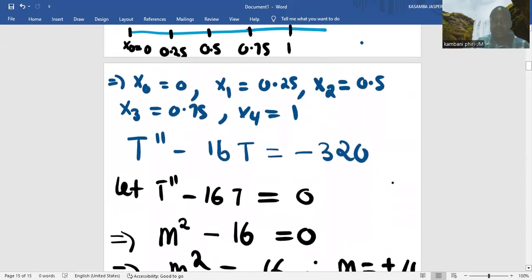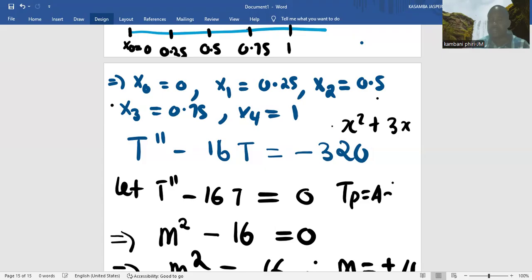You look at what is on our right-hand side here. It is a constant. If on our right-hand side we had maybe x squared plus 3x, then our TP would have been maybe Ax squared plus Bx. That is our form.